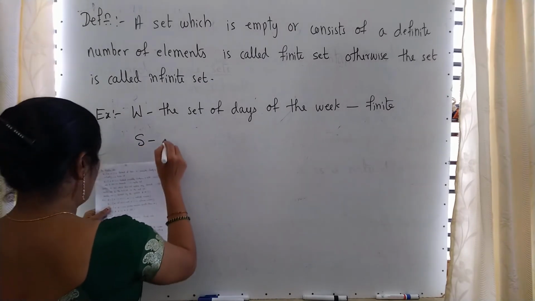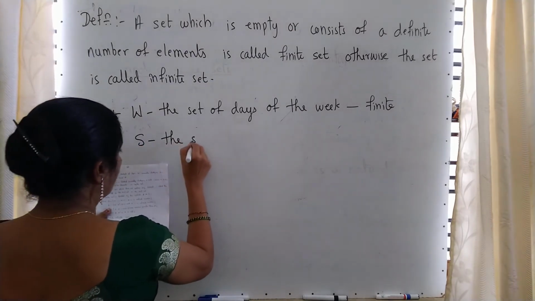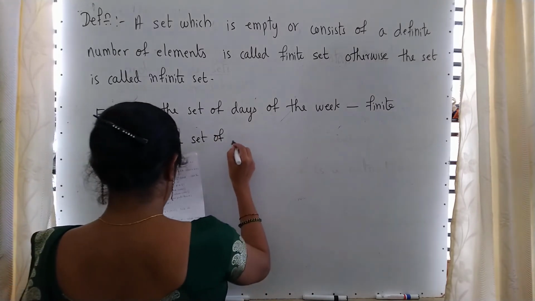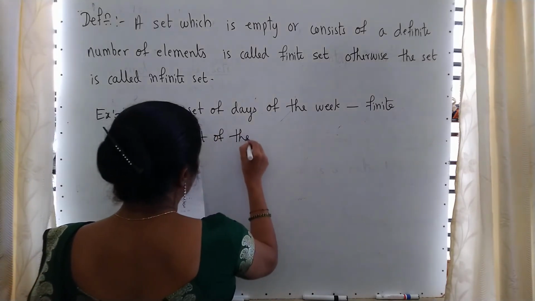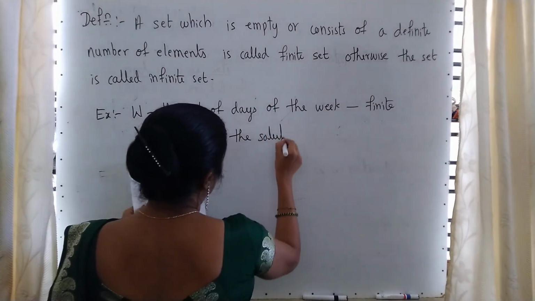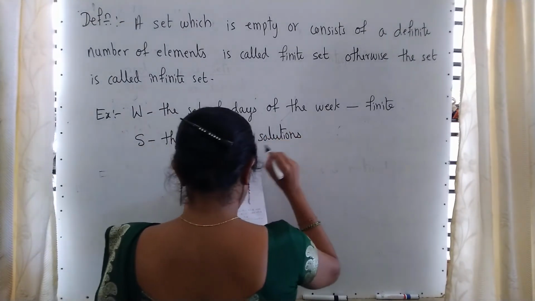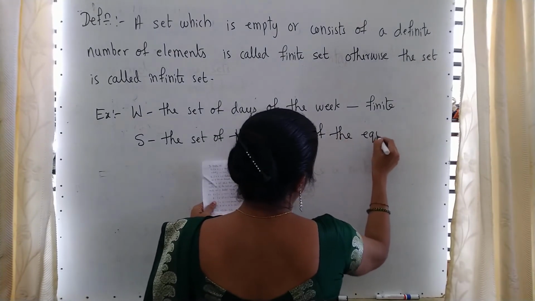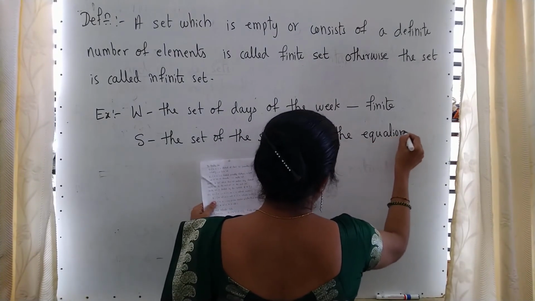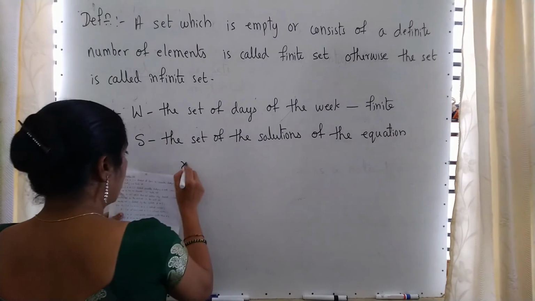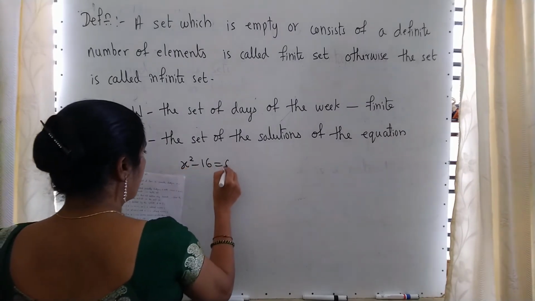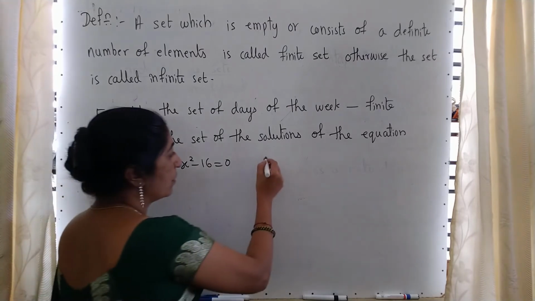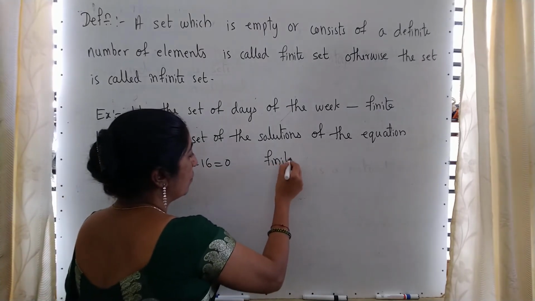The set of the solutions of the equation x square minus 16 is equal to 0. Since it is a quadratic equation, it has only 2 solutions. So this is also a finite set.